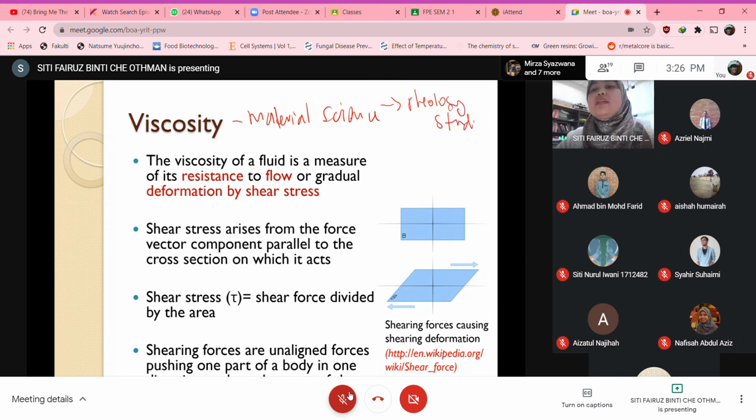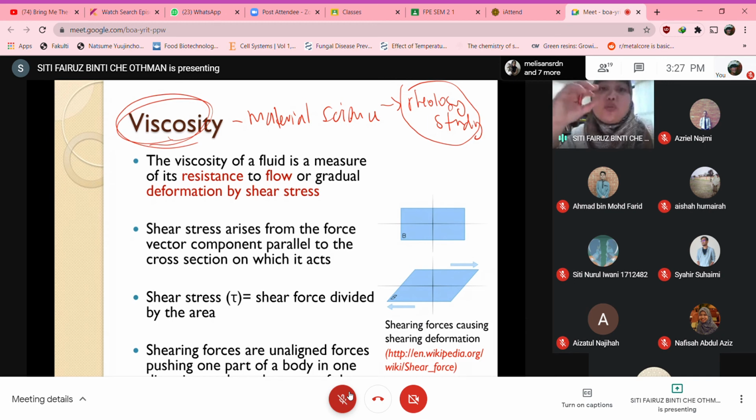Rheology study. Siapa yang buat FYP dengan saya akan belajar benda ni lah. Alright, so rheology study. So in order for you to get the value, the viscosity of a fluid, you nak understand a certain property of your fluid tu, you will need to do rheology study. And in order for you to get rheology study tu, you need to find out the viscosity. Viscosity explains the property of that fluid.